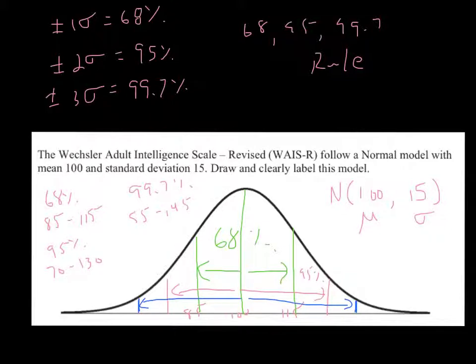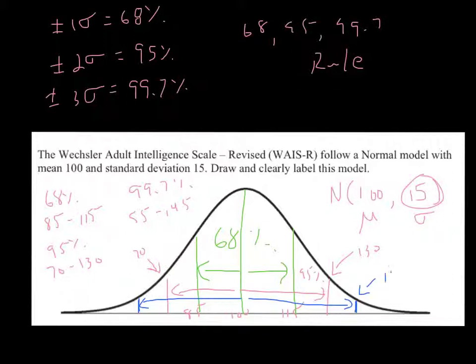So what I've done here, and you might want to take a minute and copy this down, is I've just added in the others. So when I go 2 standard deviations in either direction, we're talking about 2 of these. 2 15s is 30. So when you add that to one side, I bump all the way to 130, and when I subtract, I go down to 70. When I add 3 15s, I go up to 45.